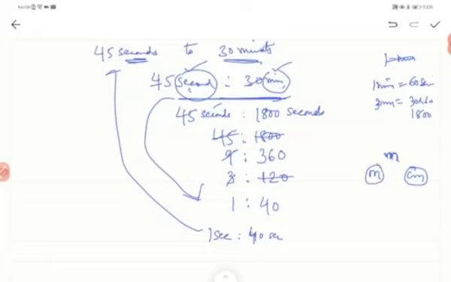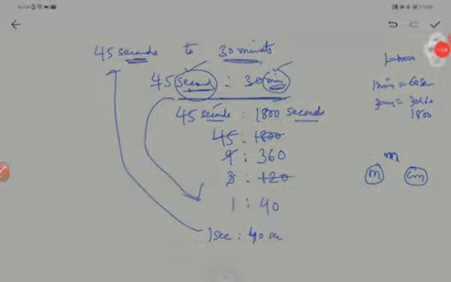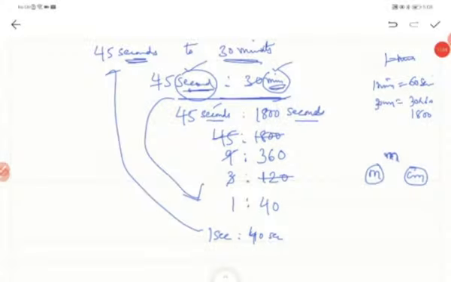You can't cancel with different units. Here seconds, here minutes, it is different, isn't it? It is the unit of time, but this is seconds and this is minutes. So both should be of the same unit.